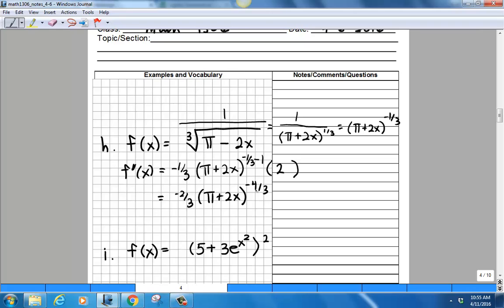And you can even keep simplifying from here, because that minus 4/3, you could invert to make positive 4/3, and then write that as a radical. So there's more simplification we can do here, but this is probably sufficient to stop. So there we are: minus 2/3, pi plus 2x to the minus 4/3 power, that's all.